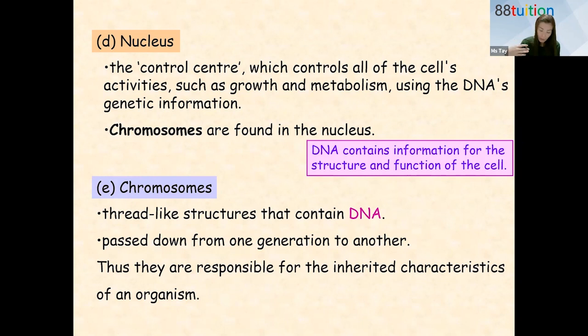We call it the inherited characteristics of the organism. In humans, maybe it's double eyelids. We talked about it before. In primary school, you actually discussed that with your teachers also. You can talk about the ear lobes also. And then some of you even talk about the hairline, whether it's a widow's peak or a round hairline, whether you have a very high forehead or narrow forehead. All these can be inherited.